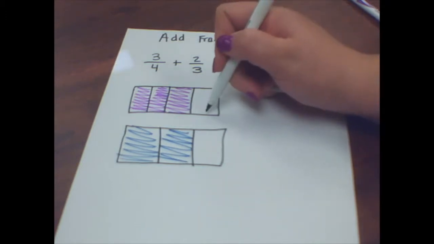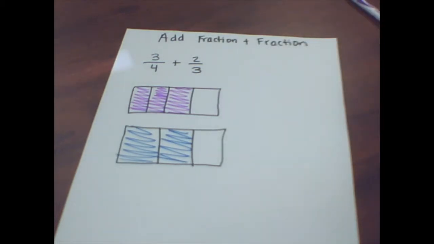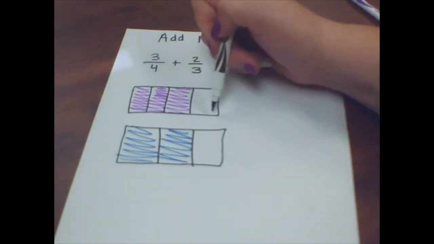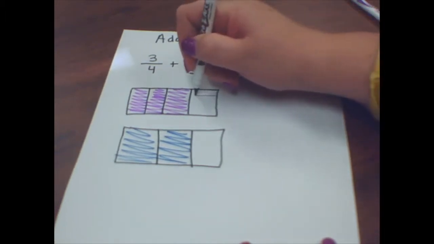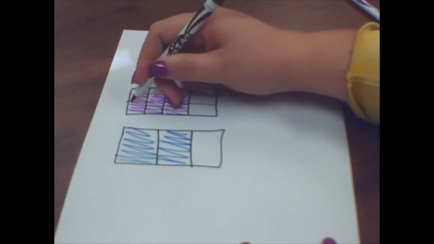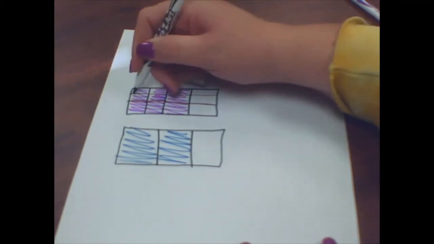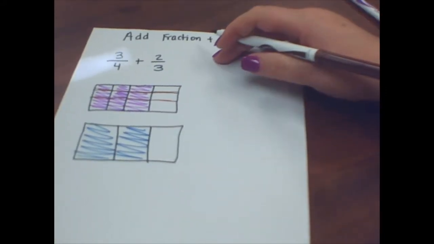I'm not going to draw lines this way because I already did that for 3/4. I'm going to split this 3/4 model 3 ways. So watch what I do. 1, 2. I have now split it 3 ways.